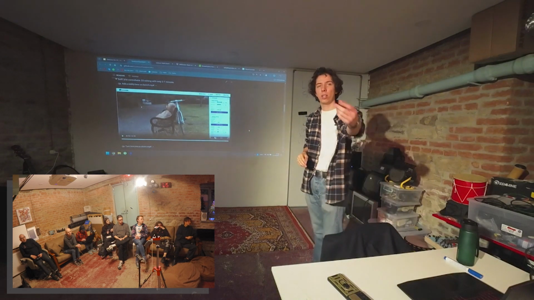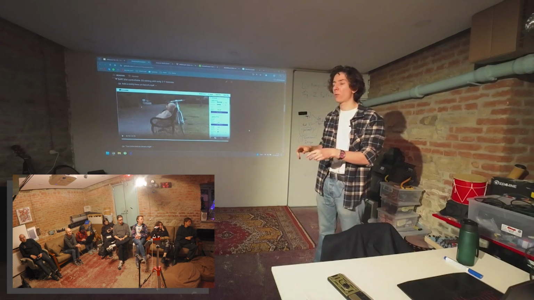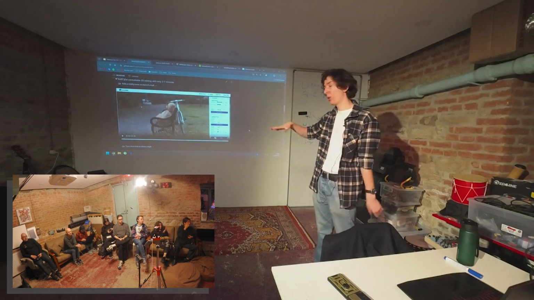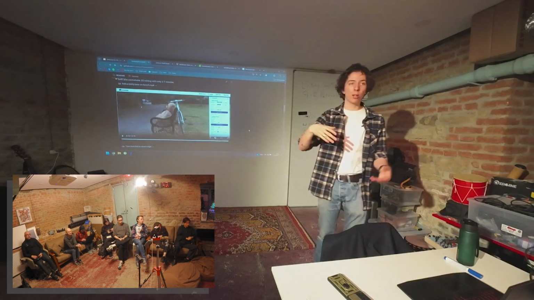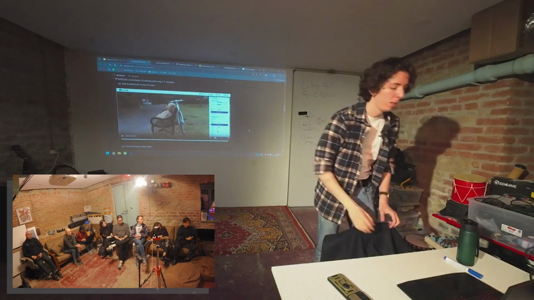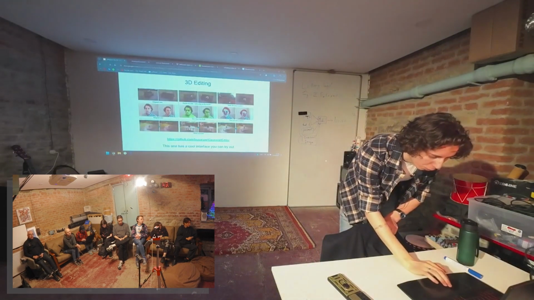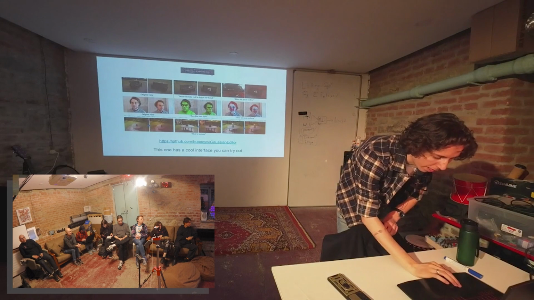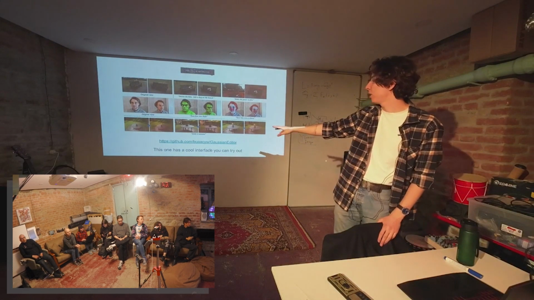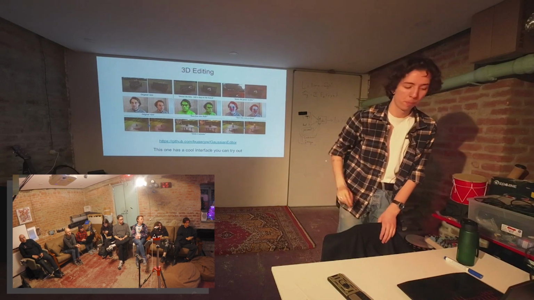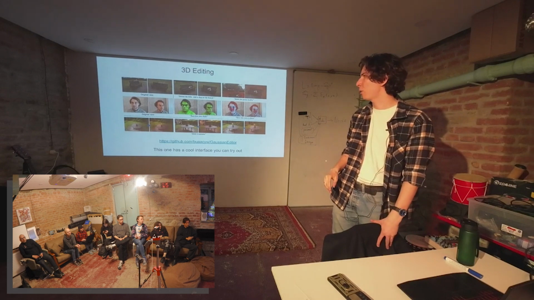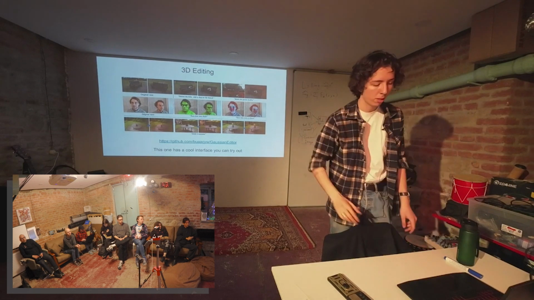That's how we avoid generating random stuff all around: we specify a mask and ask it to generate only within that mask, which is cool. If you have a GPU, you can try this out. It's pretty cool, but it also takes a few hours to optimize and change something.